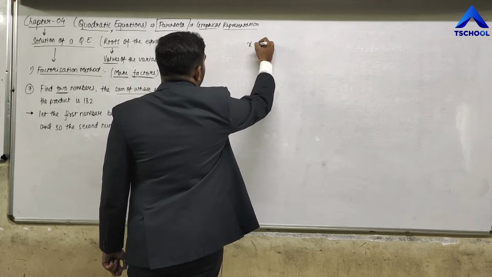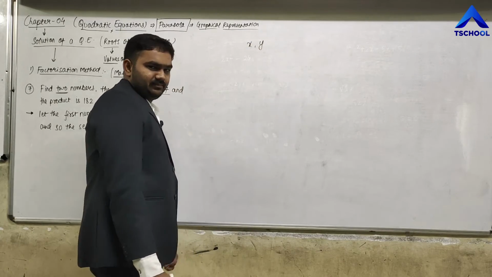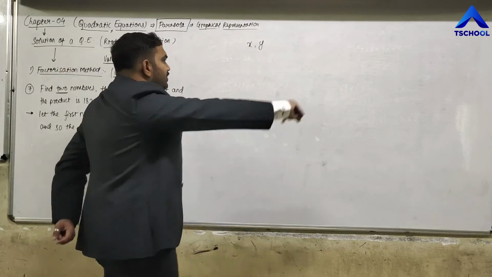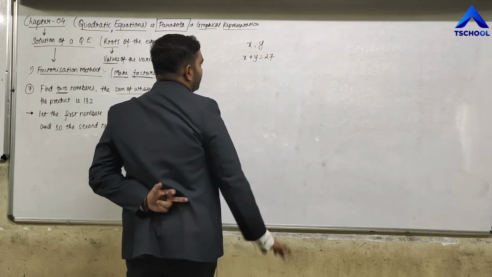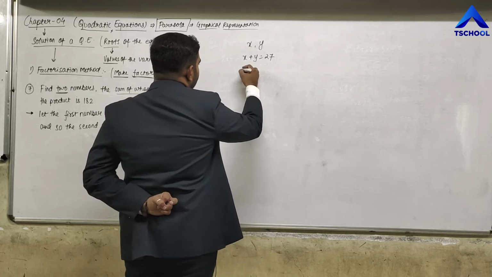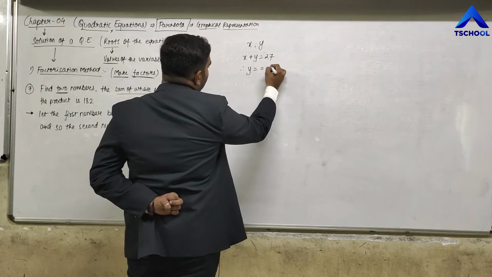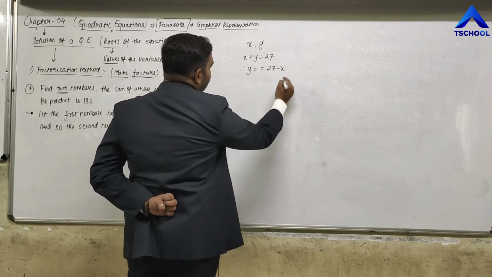Let us say that the numbers are x and y. For example, the sum of these numbers, that means x plus y is equal to 27, it is said, therefore y is equal to 27 minus x.